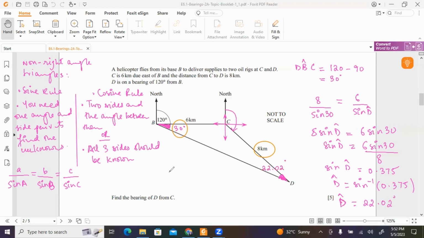Now we can find the third angle by subtracting 30 and 22.02 from 180. The reason is that the sum of the angles of a triangle is 180. So 180 minus 30 minus 22.02 gives us 127.98.